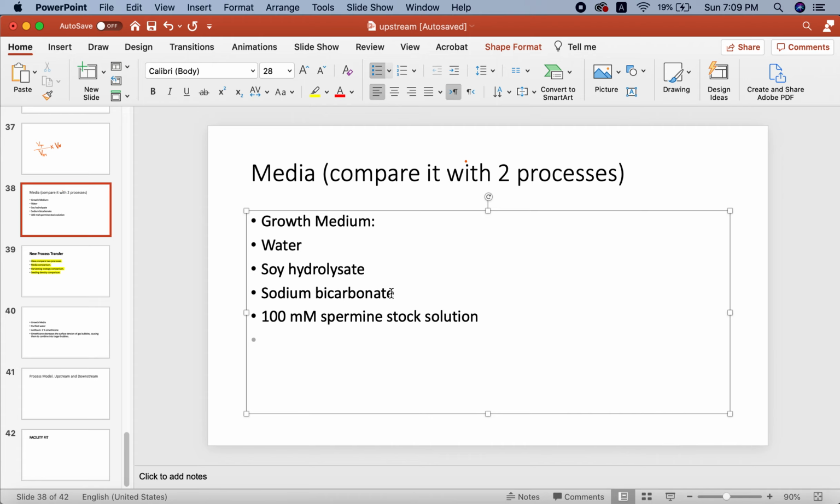ABM 463, sodium chloride, L-asparagine, glucose anhydrous, sodium bicarbonate, manganese 2 sulfate, spermine tetrahydrochloride, cupric sulfate.